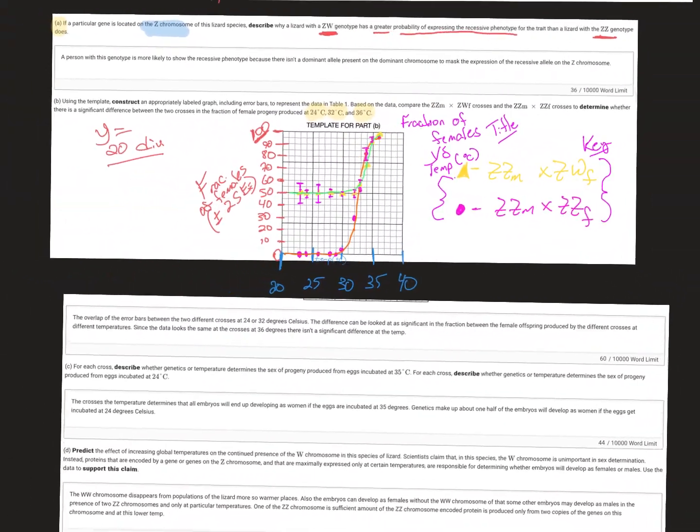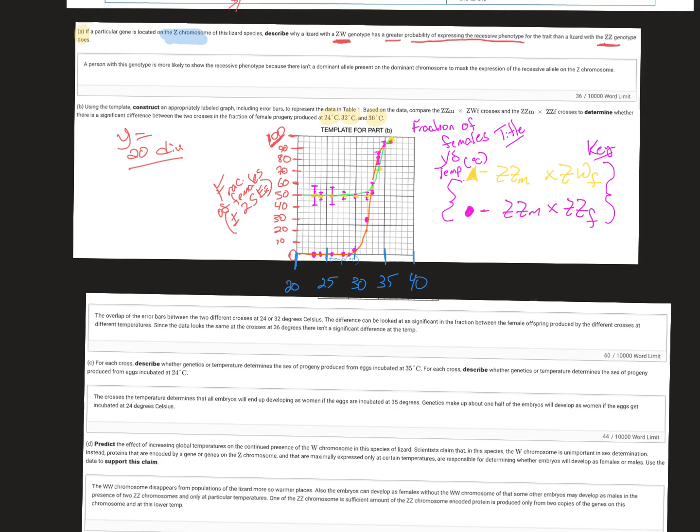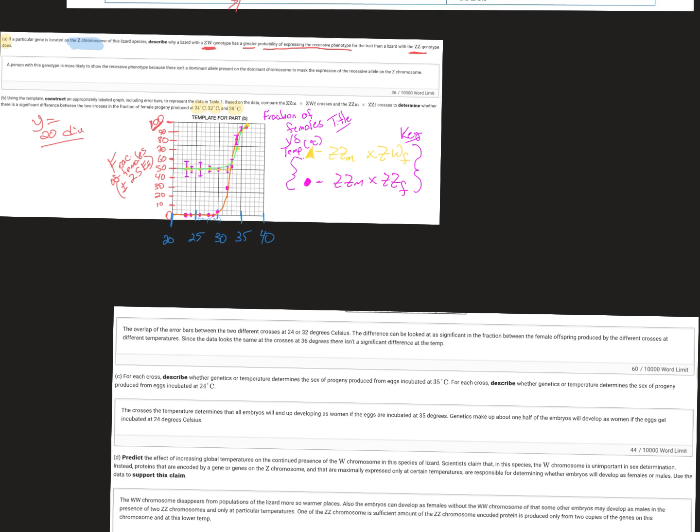So I guess you have to ask yourself, what do you expect? Well, I'm going to go ahead and do the two crosses, one in yellow and the triangle, which is ZZ male versus ZW female.